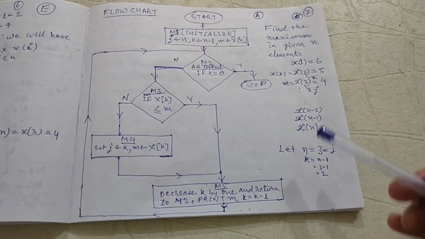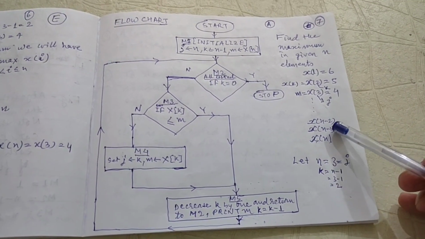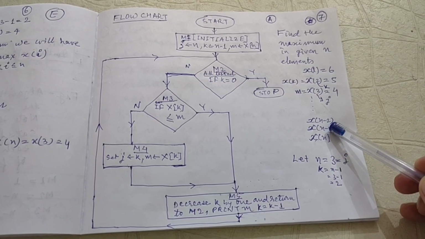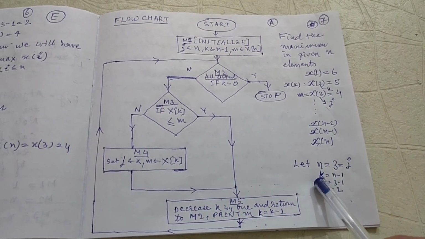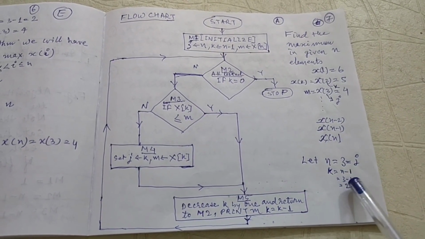Again I am repeating, n is j, n minus 1 is k, so k is equal to n minus 1. If n is 3, 3 minus 1 is 2.